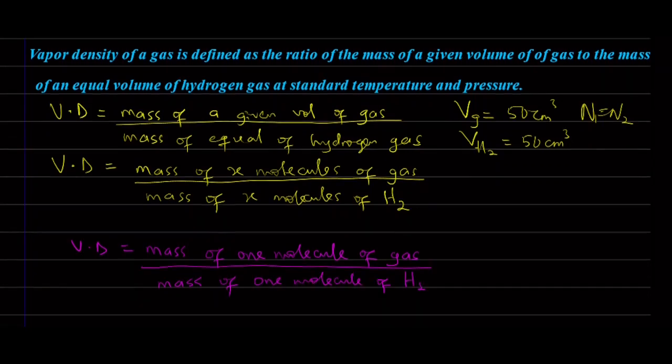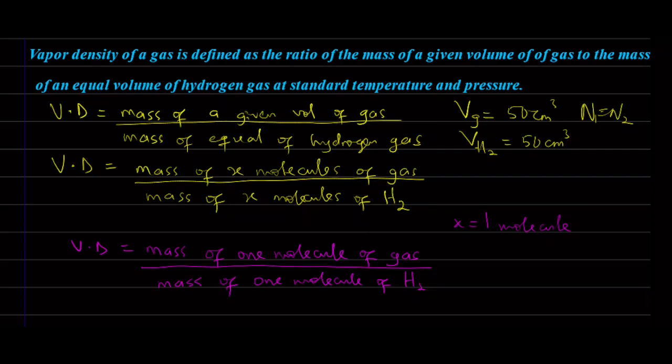Yes. So now that we are considering the X molecule to be equal to 1, since we are going to have the same number of molecules for the two gases involved. Now the next thing is that we follow the other assumption that says that hydrogen gas is diatomic in nature.